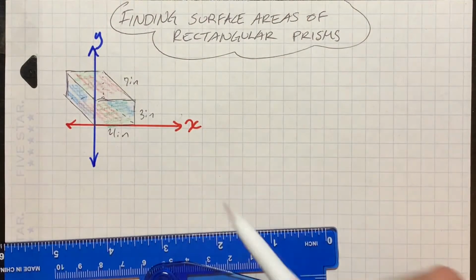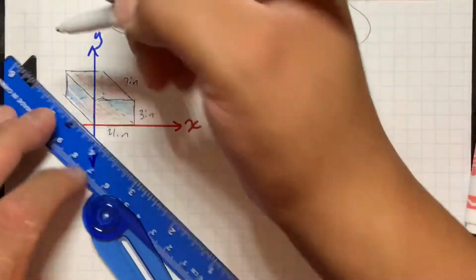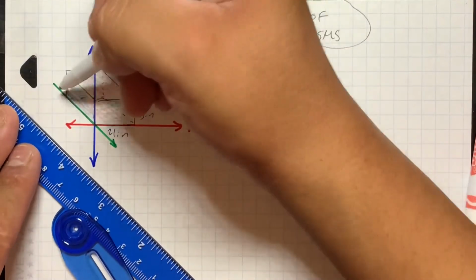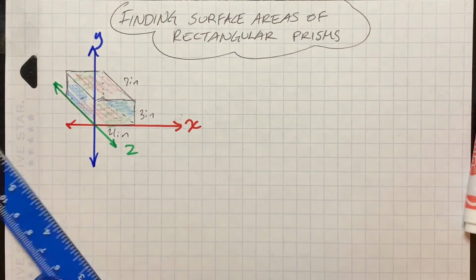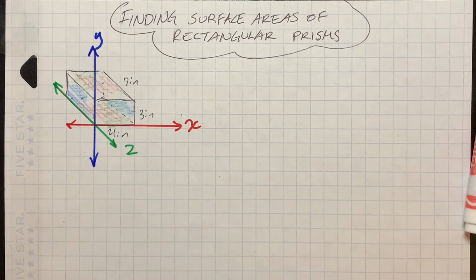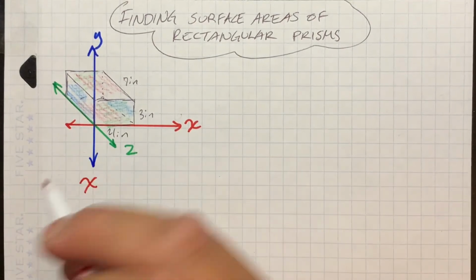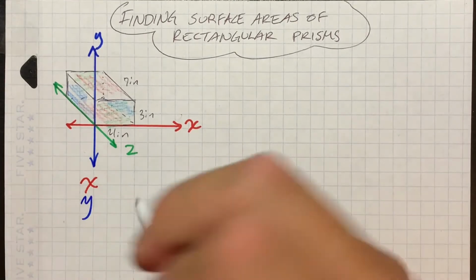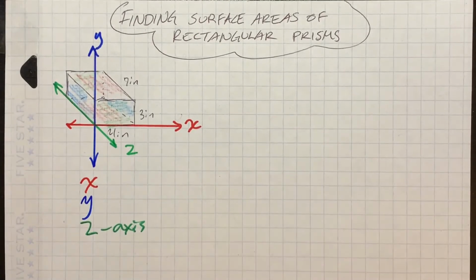How wide is this? It's 4 inches wide. And then lastly, it has a depth, the z-axis, which is 7 inches. So you have x, y, and z. These are axes.